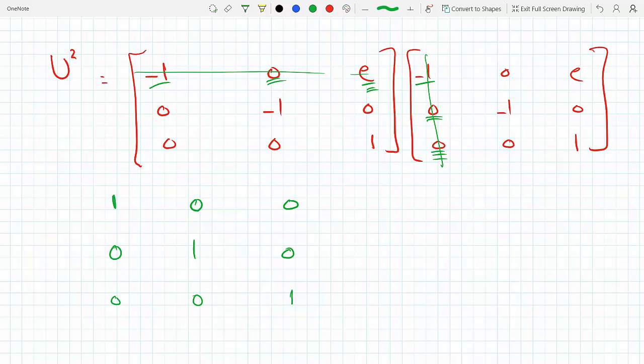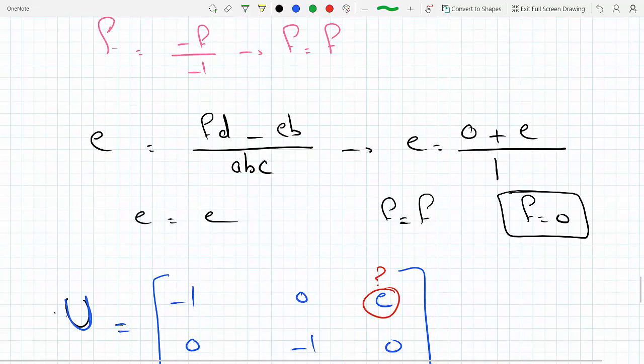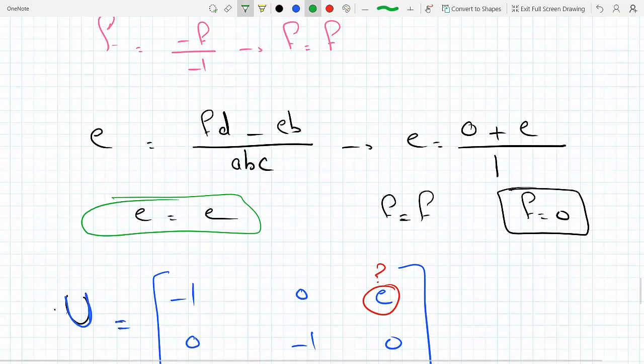So this is equal to the identity matrix. It doesn't really matter what E is. E could be anything, and I would still satisfy. Notice here I got an equation E equals E, so whatever I plug for E, it will work out.